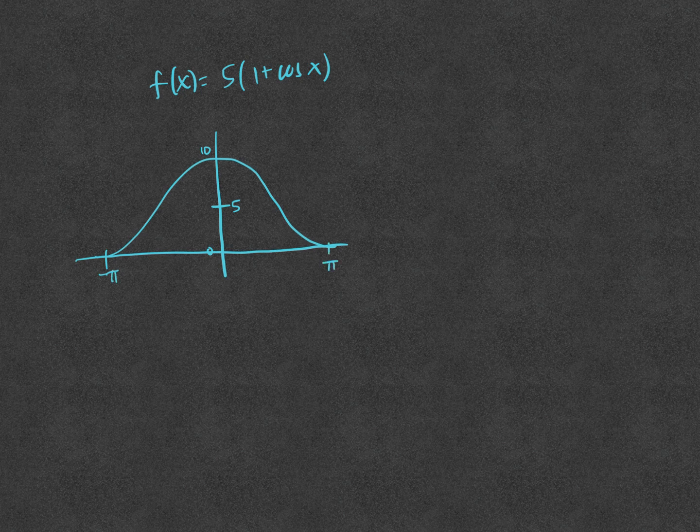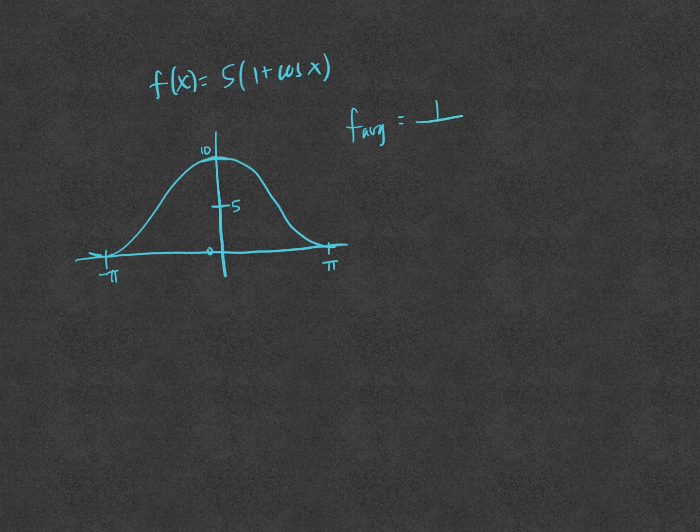So if we look at that wave, we can find the average value of that wave. It probably isn't very difficult. What they're talking about here is this is the low point of the wave, and then it reaches the maximum up here at 10. So the average value of the function then would be, we're going to go from negative pi to positive pi.